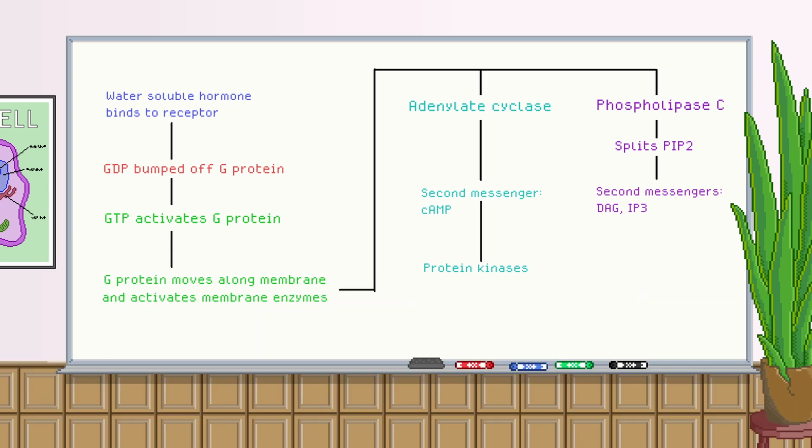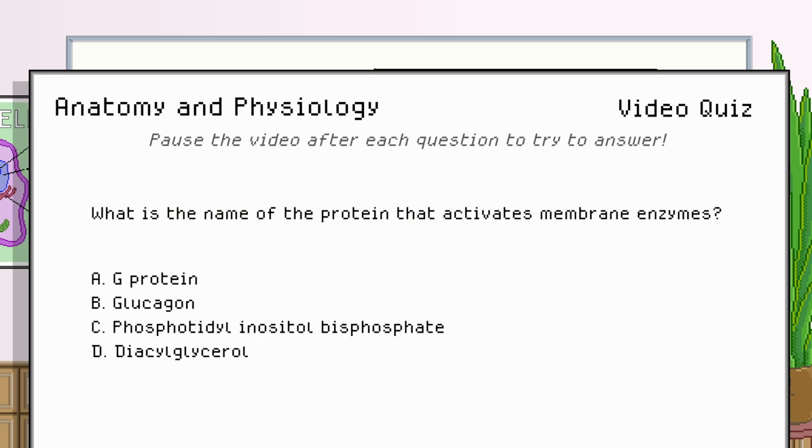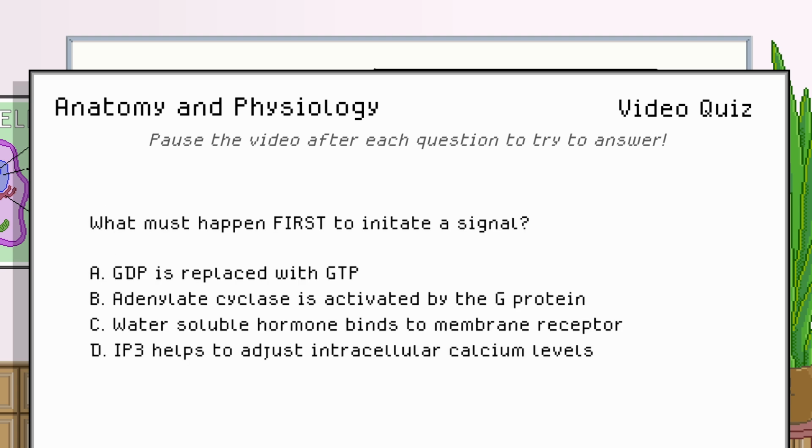These questions are based on what you'll probably see on a multiple choice or fill-in-the-blank exam. What is the name of the protein that activates membrane enzymes? G protein. What needs to happen first to initiate a signal?